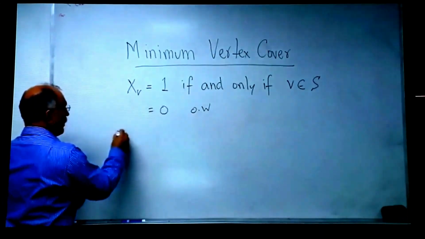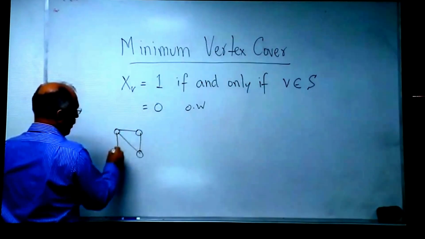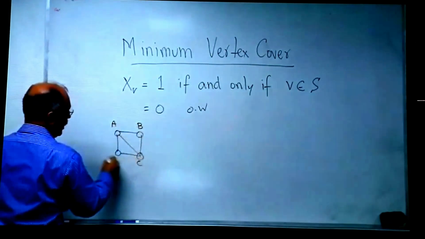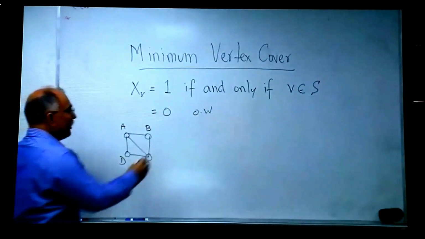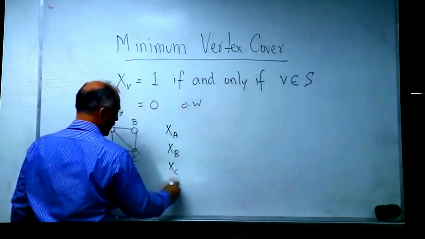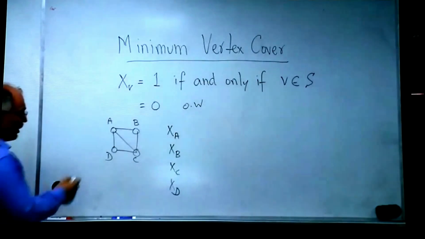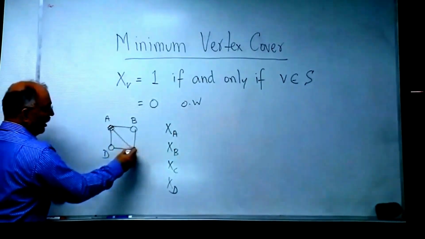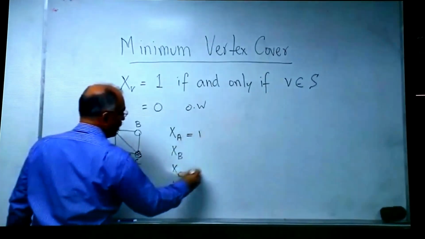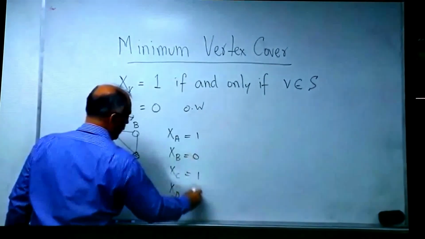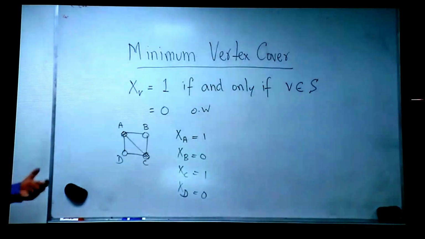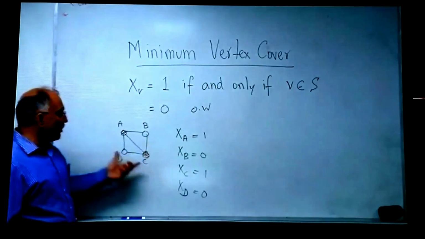Let's take, for example, a simple graph that we had before, where I have vertices A, B, C, and D, and we're going to have variables x sub A, x sub B, x sub C, x sub D. So for example, if my vertex cover has vertices A and C in it, we will simply say that xA is 1, and xC is 1, and xB and xD are 0. So this binary vector would be like an indicator vector.